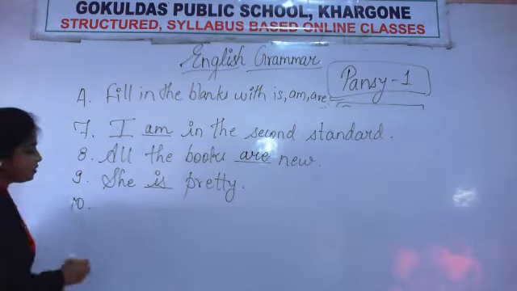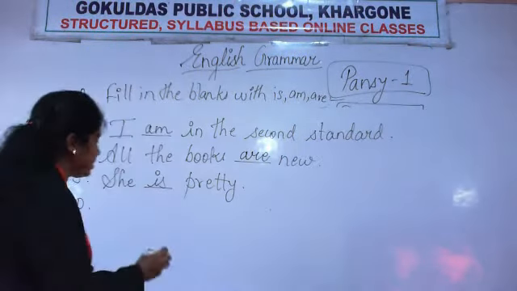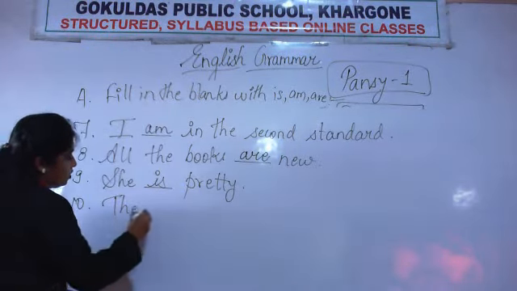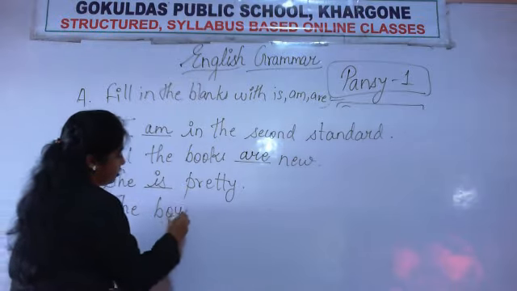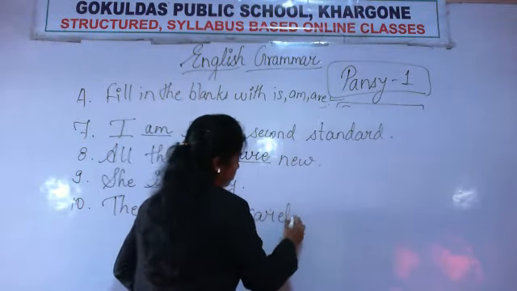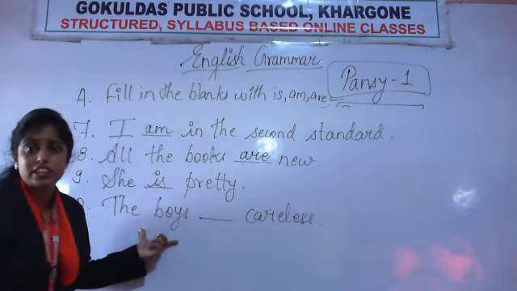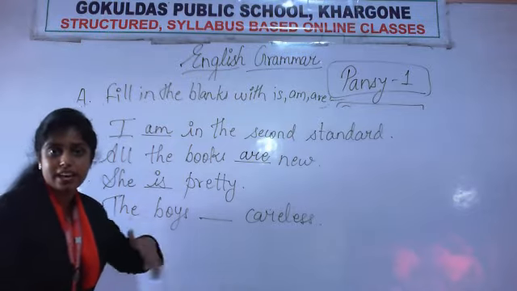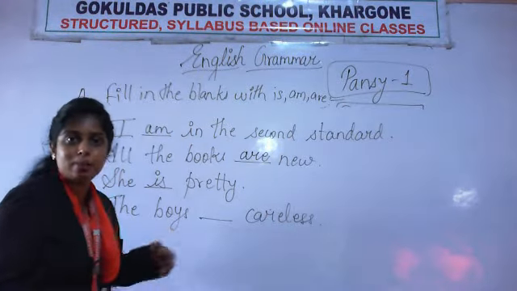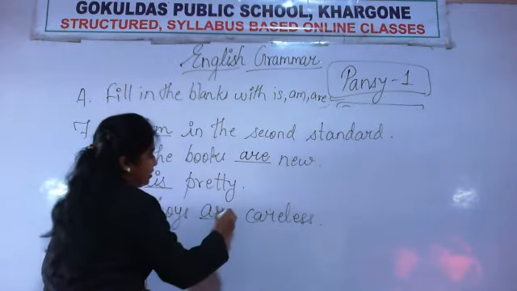Then number 10. The boys dash careless. Here we are talking about boys, है ना? Boys में आएगा plural subject है ये. हम बहुत सारे boys के बारे में बात कर रहे हैं. So the boys are careless.